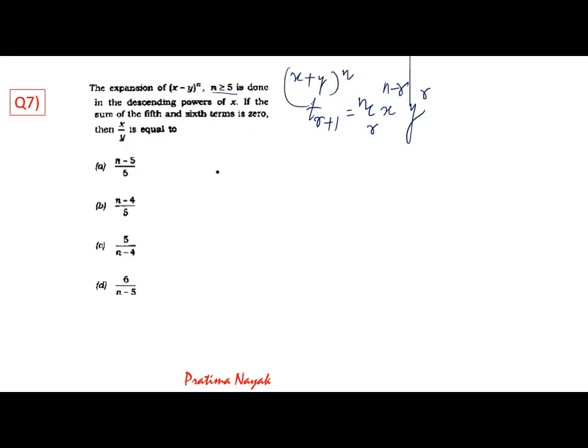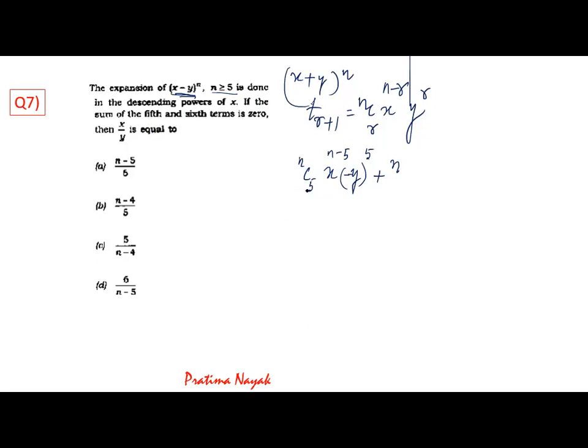First I'm writing the fifth term. Fifth term will be nC5 x to the power n minus 5, minus y to the power 5. This will be minus y because there is a minus here. No, this is not the fifth term.